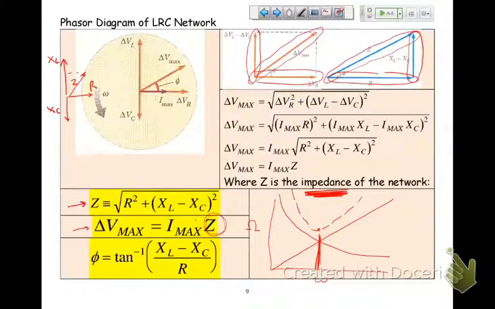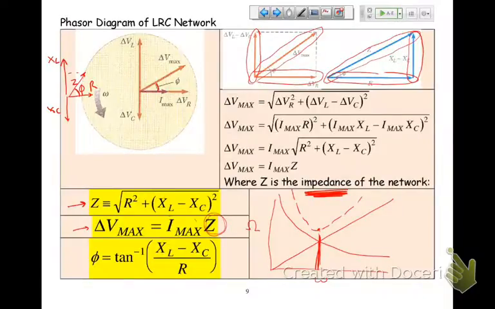So the skill, I want you to be able to calculate your XL, your inductive reactance. I want you to be able to calculate your XC, which is your capacitive reactance. I want you to be able to draw the phasor diagram with R so you can calculate your impedance. That's the skill I want. Okay. And phase angle.